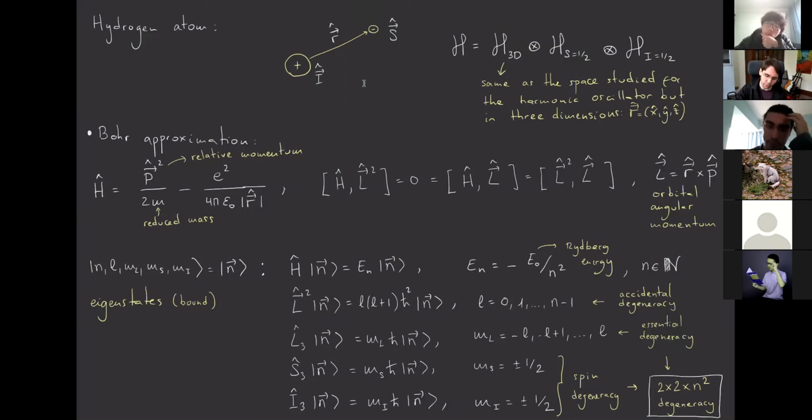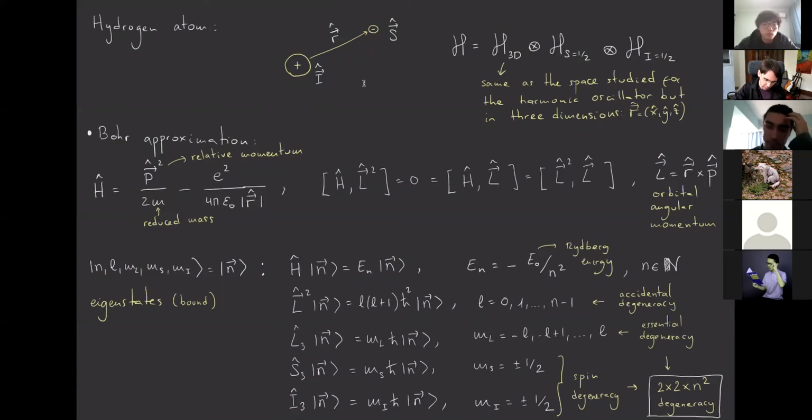Within the simplest approximation, the Hamiltonian of this system is given by what we call the Bohr approximation form, which has a kinetic term, the kinetic energy associated to the relative momentum, and a Coulomb interaction, the Coulomb repulsion between the proton and the electron.